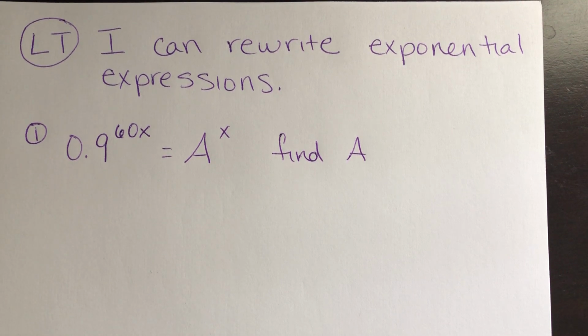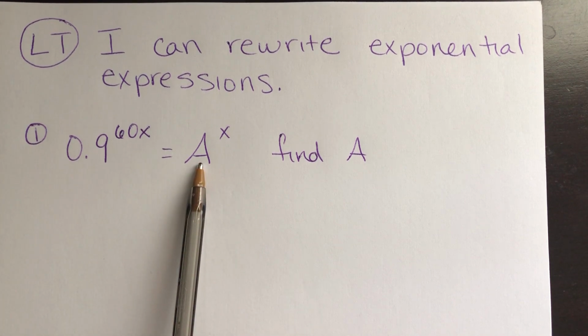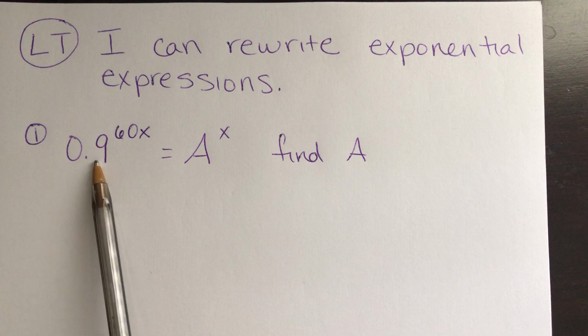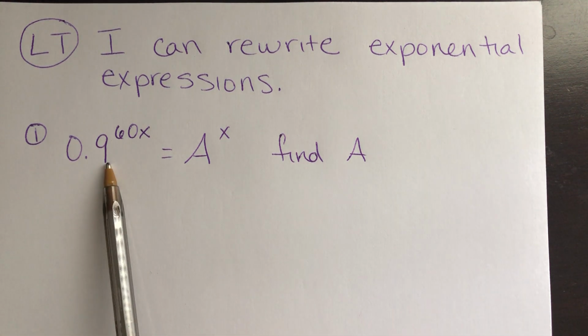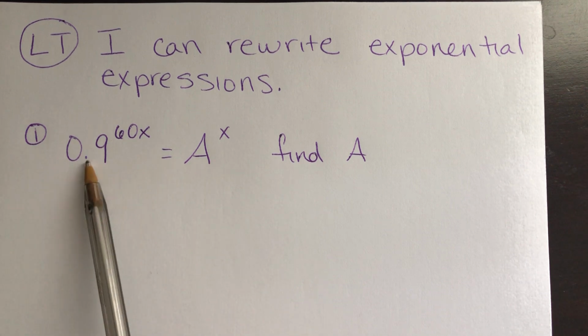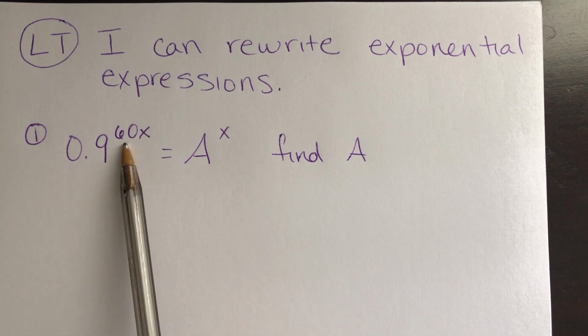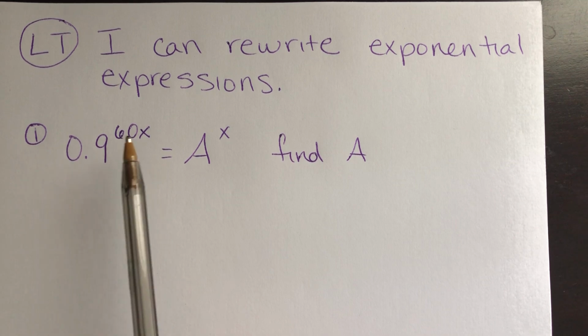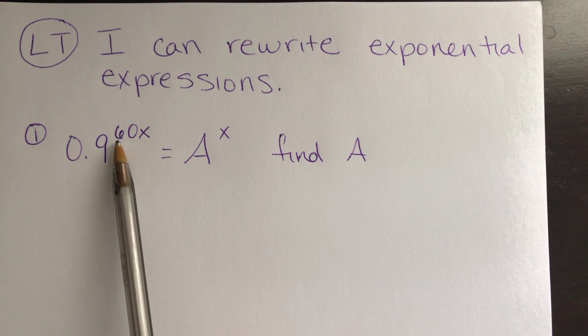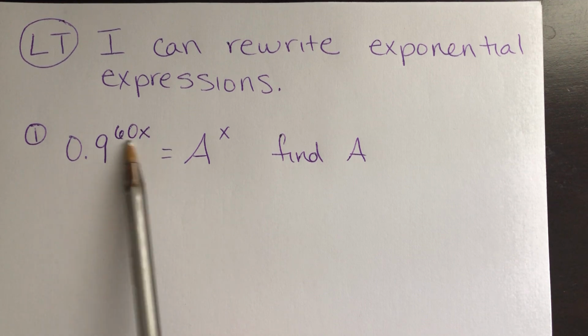So we're trying to find a, which means that a needs to have the same base as this 0.9. So what can this a be to match this one? Now I know that I can do a power to a power. When you have a power to a power, you multiply. So that's what happened here.